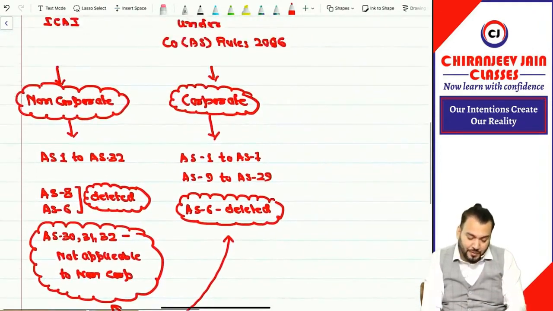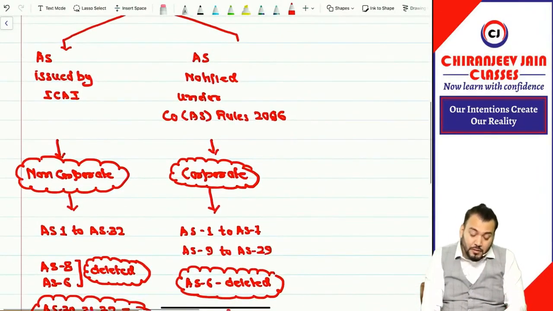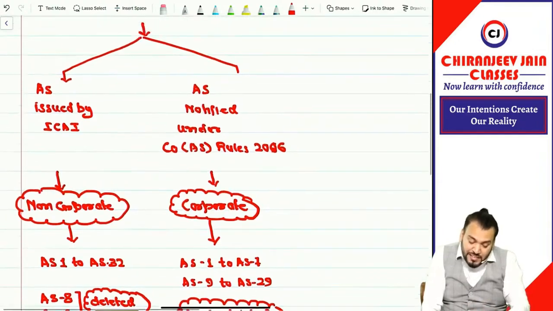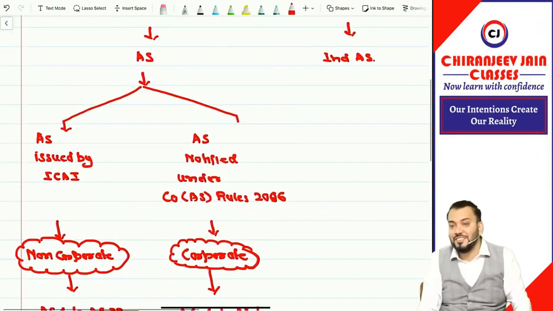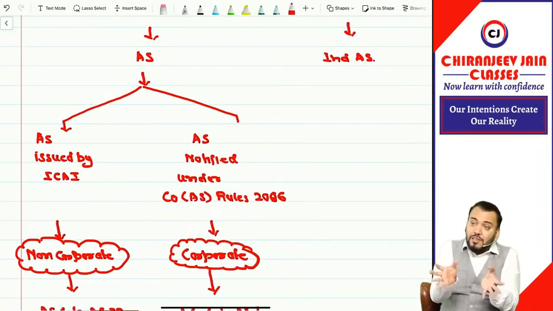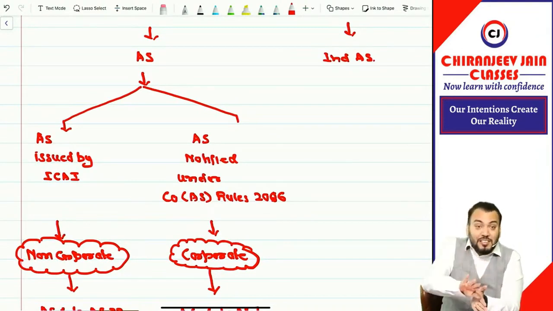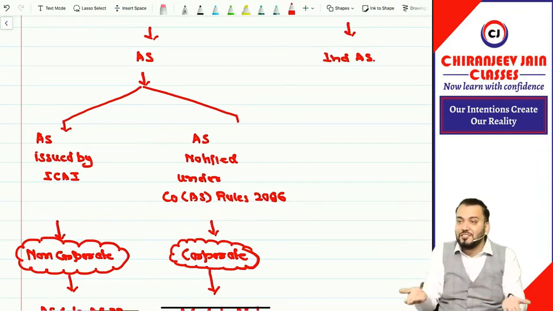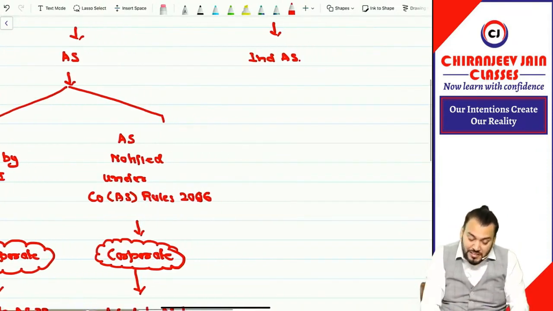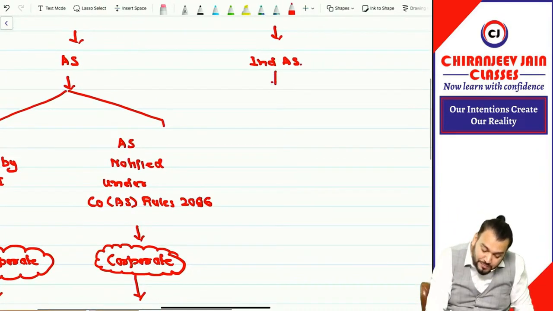Yes, sir. Correct. Now the second doubt will come, sir, if AS was already notified under the Companies Accounting Standards Rules 2006, what was the need of Ind AS? So this Ind AS is actually totally different from this accounting standard. Totally different. So this Ind AS is what?